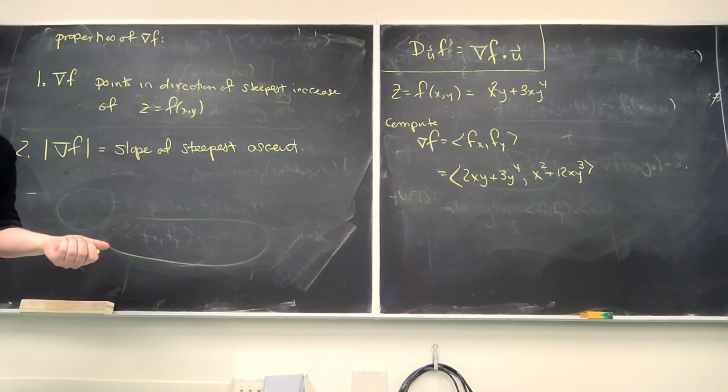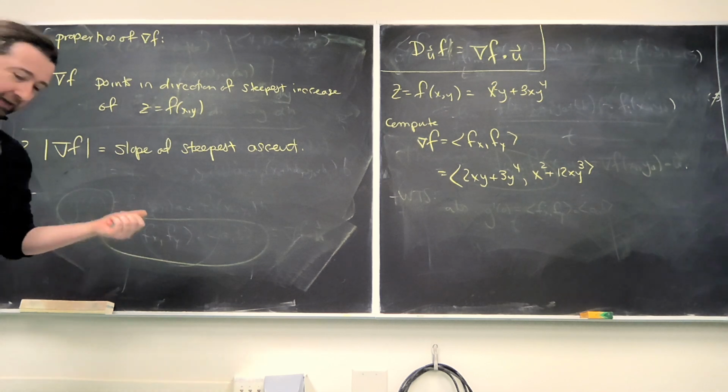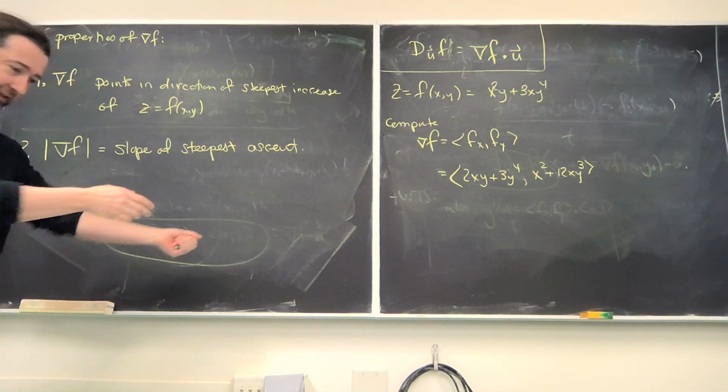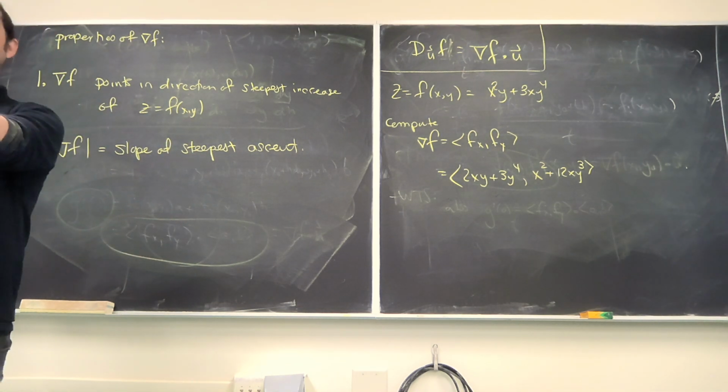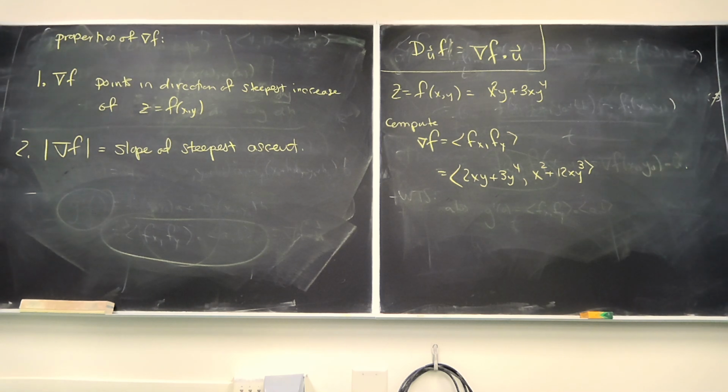I'm at a point x, y. I calculate the gradient. I point myself that direction. Then I travel that way. I calculate a new gradient, I turn in that direction, and I keep doing that, right? I go in the direction of the gradient, calculate a new one, and keep going. You will eventually end up close to at least a local maximum of the function that you're working with.